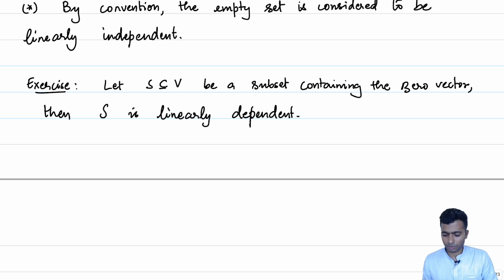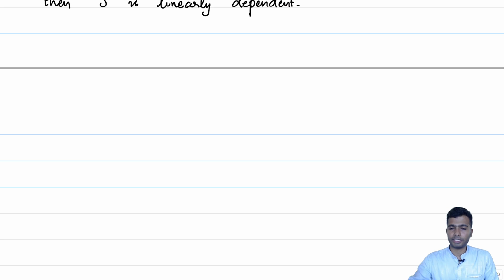Okay, so maybe another exercise might be to check that if S is linearly independent, a subset of S will also be linearly independent.